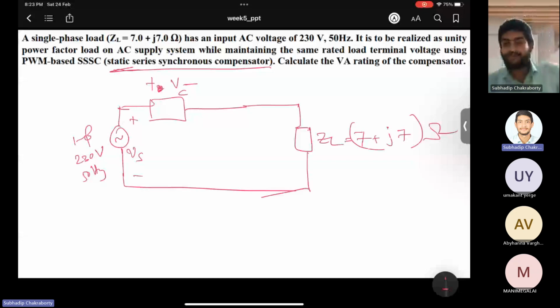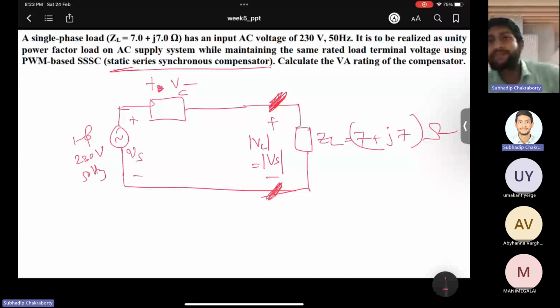And what you want at this load terminal is also mod VL equal to mod VS. Clear problem? Yes, sir.